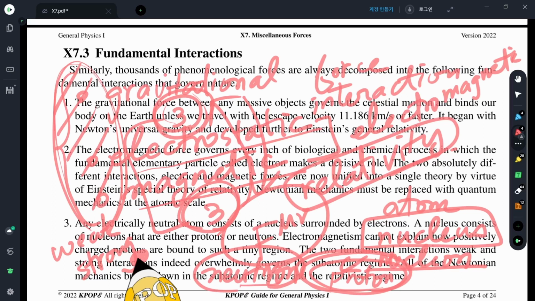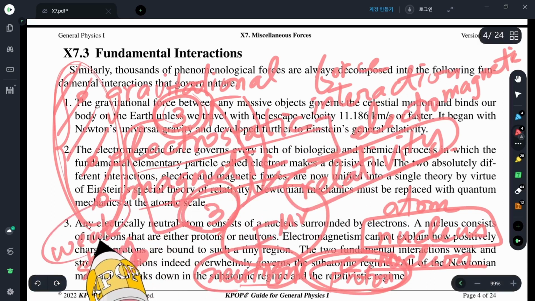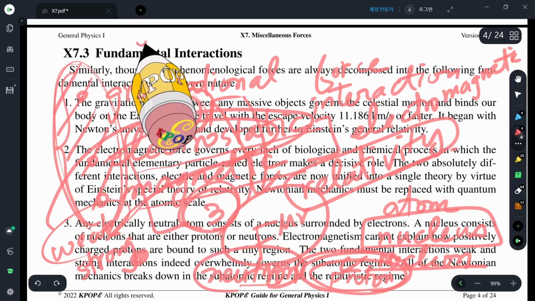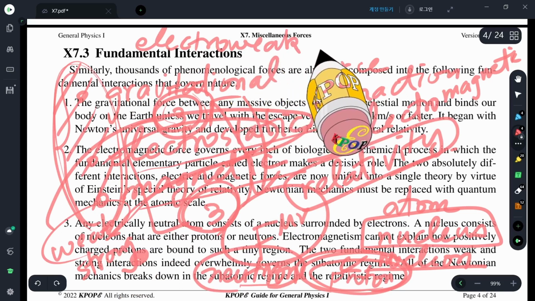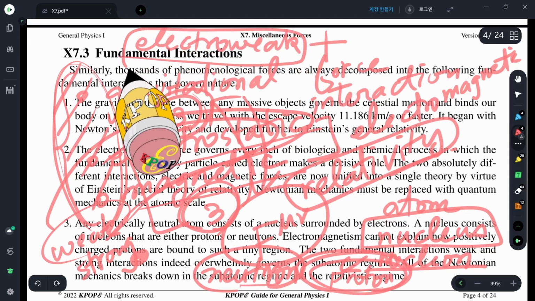But due to the development of quantum field theory, we were able to unify the electrostatic force and weak force all together as a single theory. There's electroweak theory. And it is combined with the theory of quarks communicating with each other with gluon exchange.